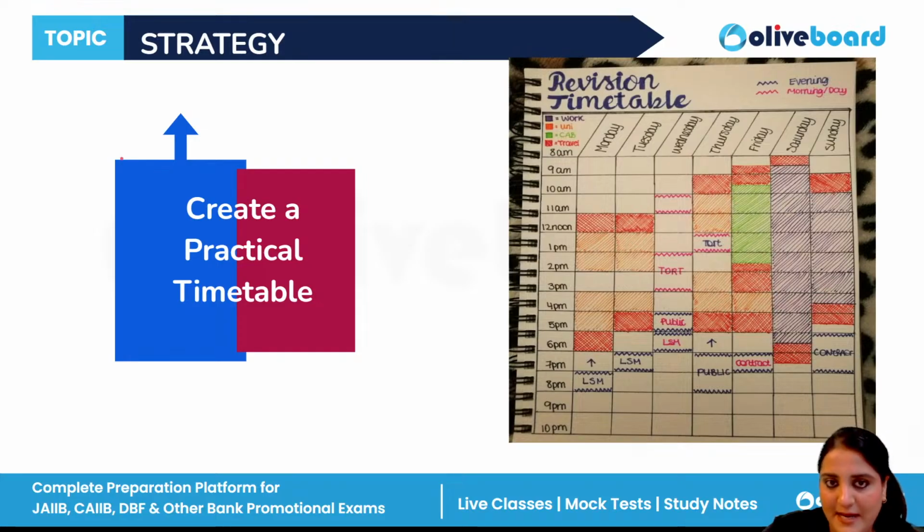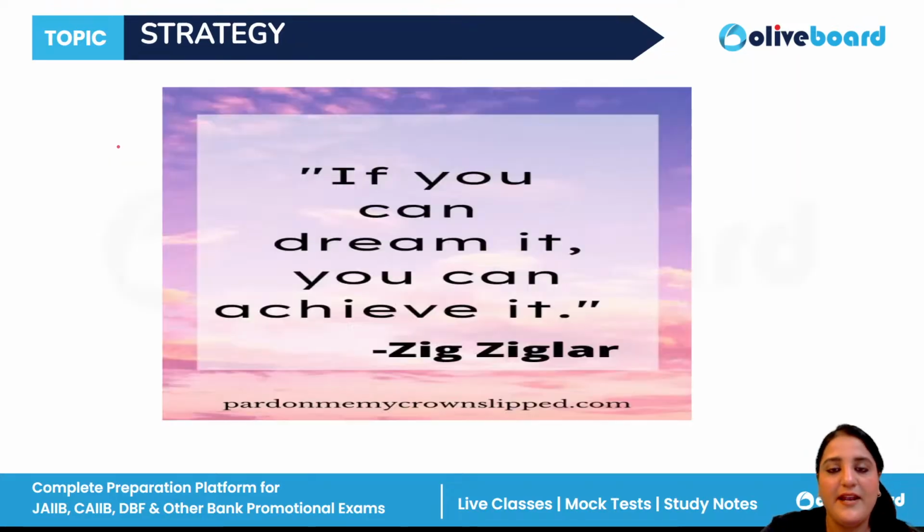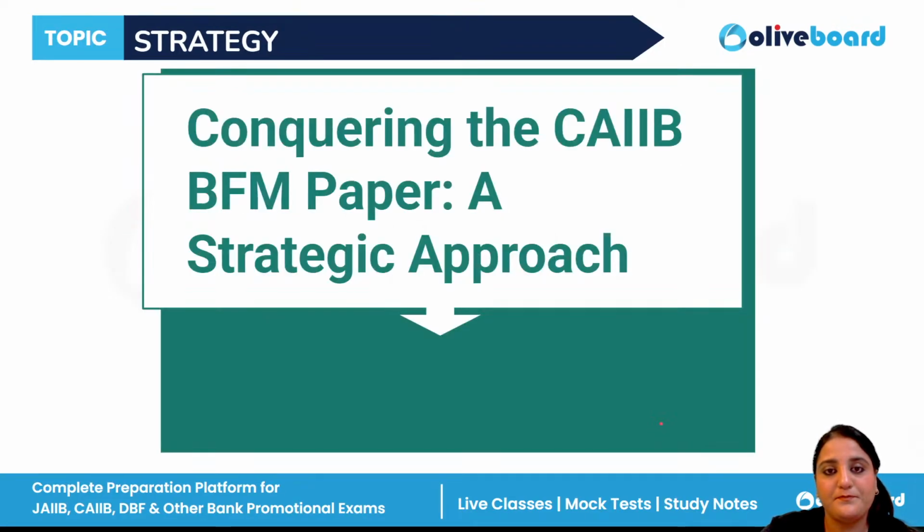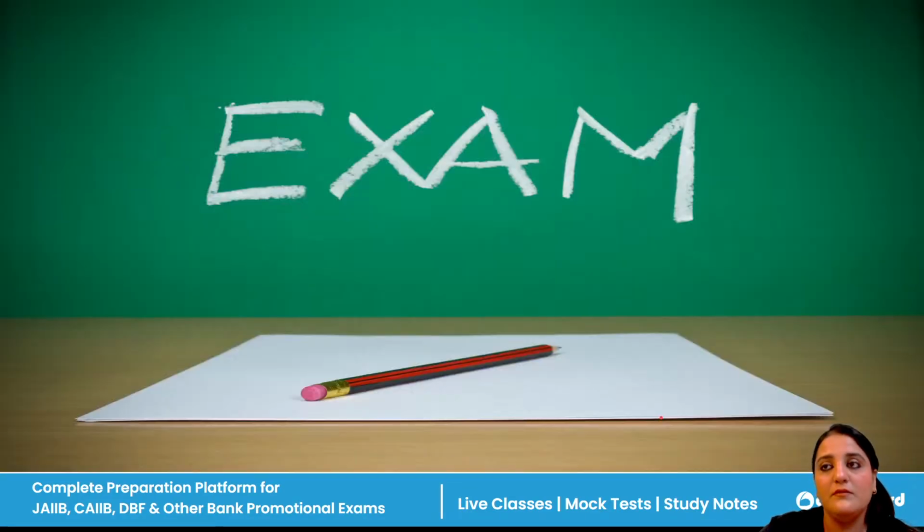Create a practical timetable. Manage your personal life and professional life both, and enjoy everything, but just give your time. On weekends and holidays you can give more, right? If you can dream it, you can obviously achieve it, because you are all rock stars. You already cleared JAIIB, so this is nothing in front of you. So that is important.